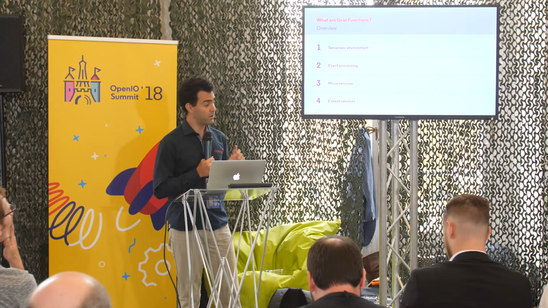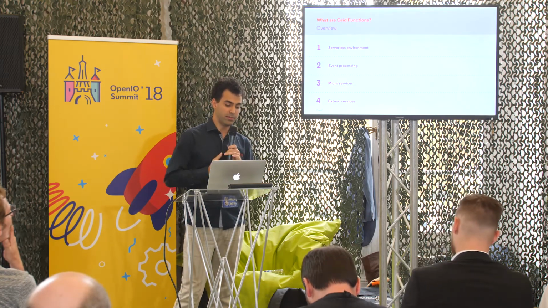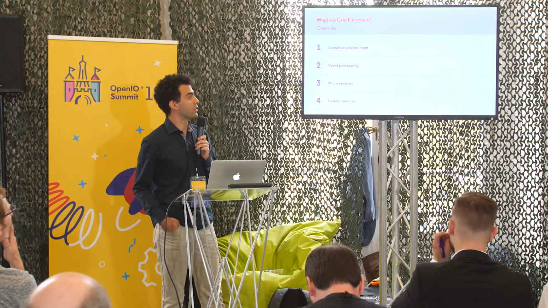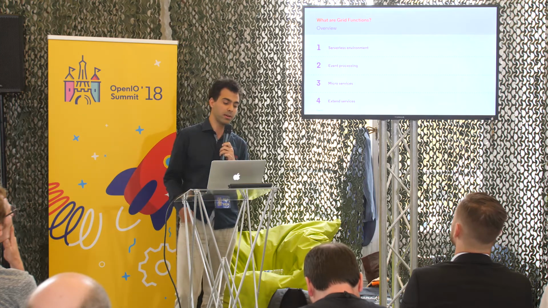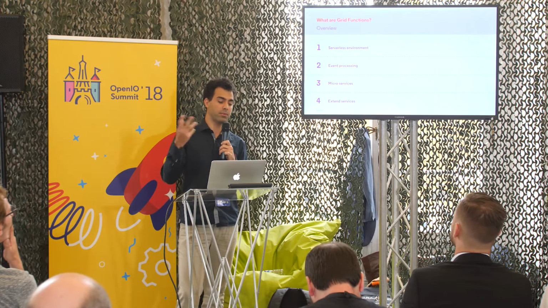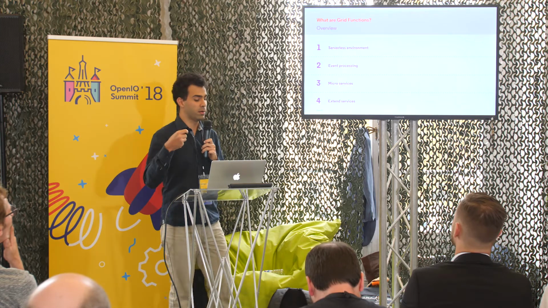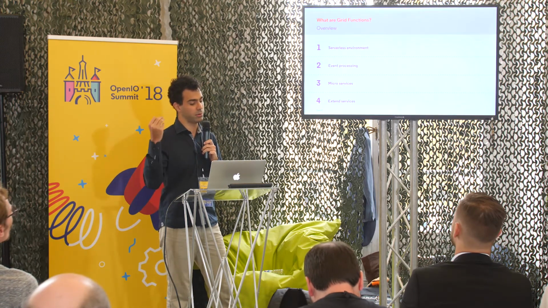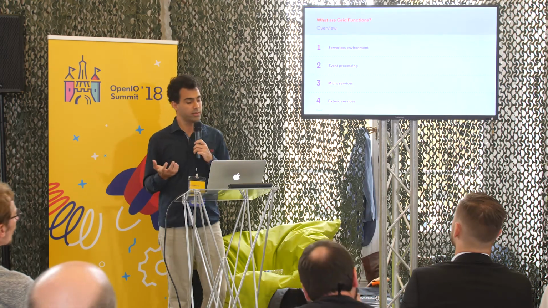Number two is event processing. What is behind the event processing idea is, as you may know, in OpenIO SDS, the storage part, there are events that happen when you create an object, for example, when you create a new container, when you change some metadata, or when you add a new account.